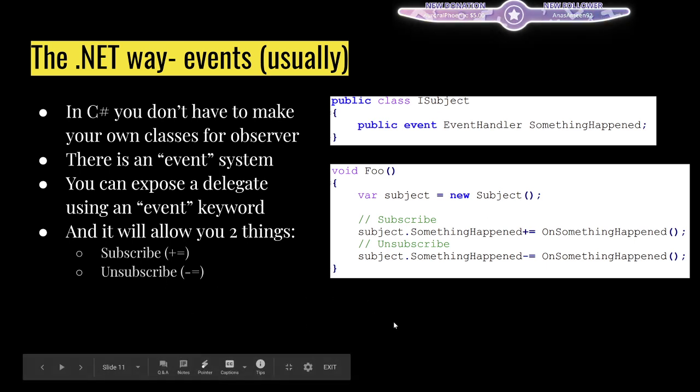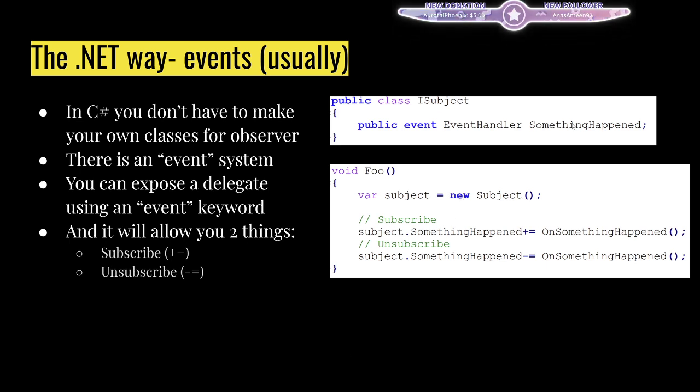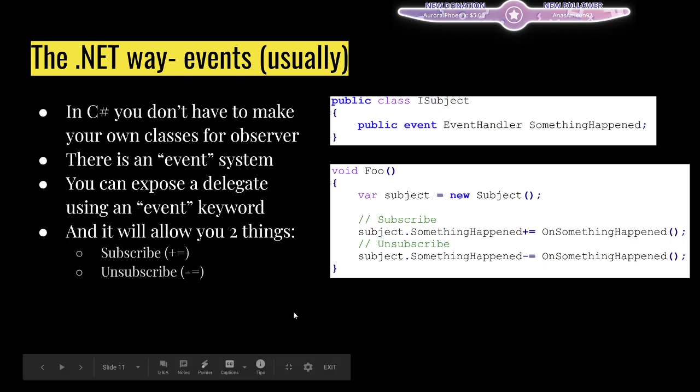So that's all that there is. And you can see that in action: you create a new subject, and that subject exposes a SomethingHappened event to which you can subscribe and to which you can unsubscribe. So a very simple, neat way of reacting to something that happened.